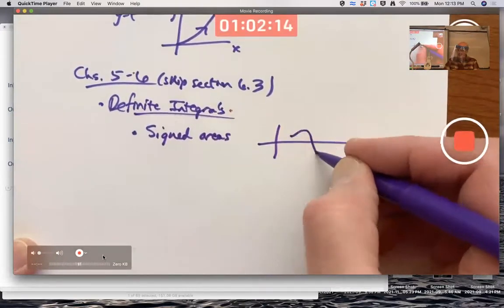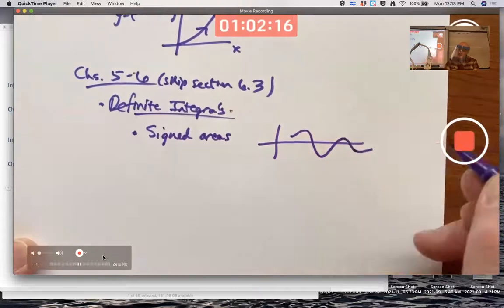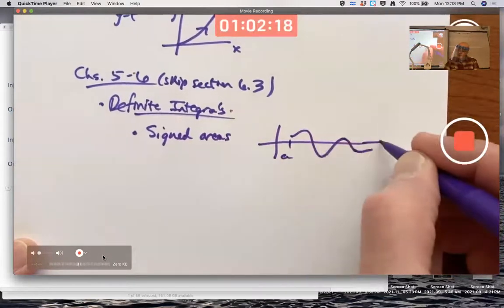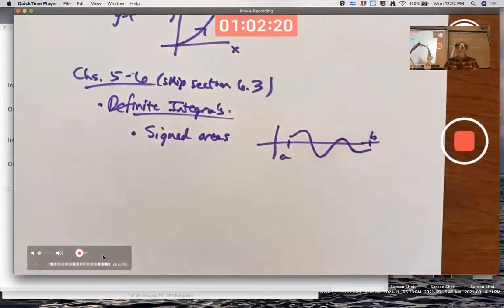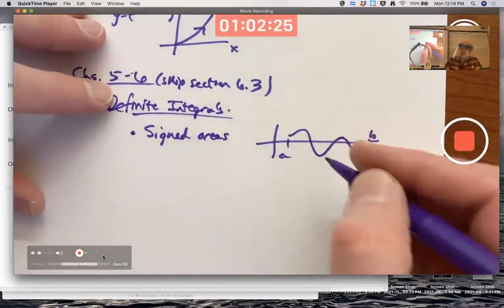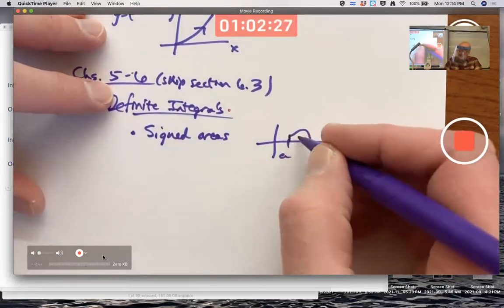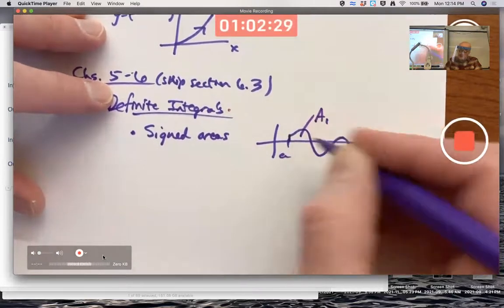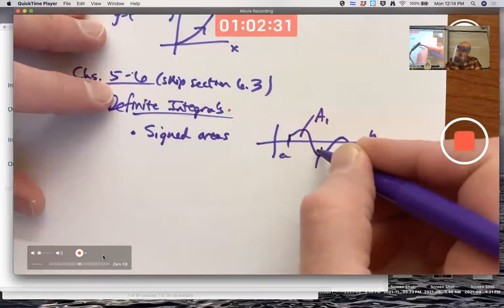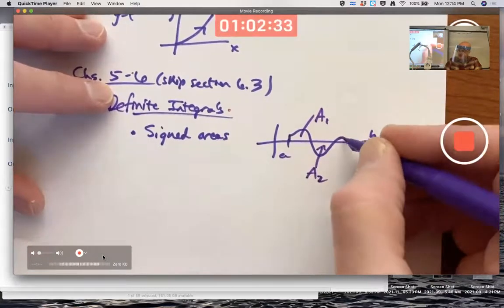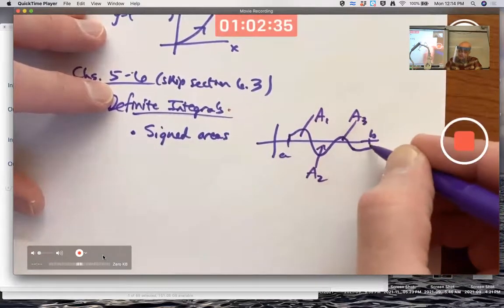So if your function looks, say, like this, from A to B, if it's always above the axis, the integral is the area under the curve. But if it goes both above and below the axis, and if I label this area A1, this area A2, and think of all these areas as being positive areas.